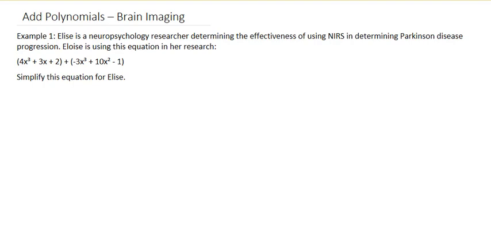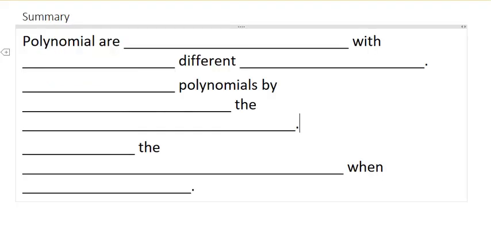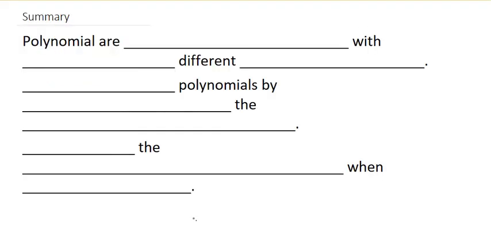And so, in order to do this, let's go back over some things here. A polynomial is an equation with many different variables.